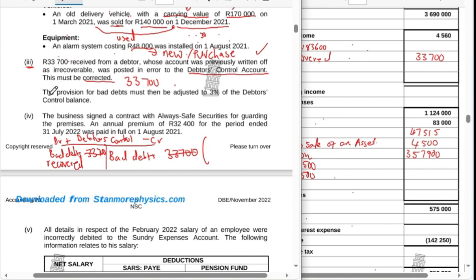And then it says the provision for bad debts must then be adjusted to 3% of the debtors control balance. So guys, now we need to what? To adjust our provision for bad debt to what? To 3% of our debtors control.